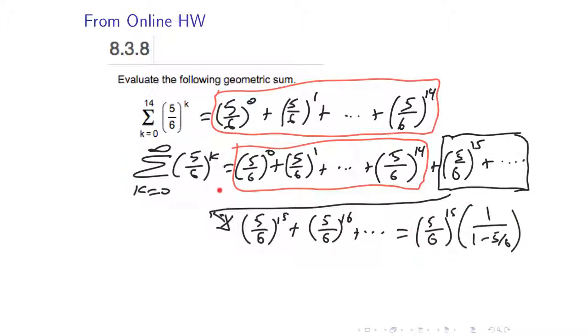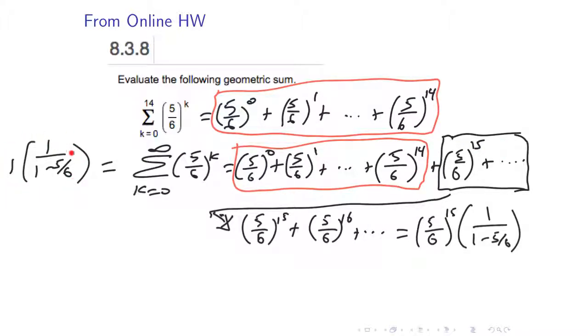This whole thing is a geometric series that starts with 1, 5/6 to the 0, and has a common ratio of 5/6. So this first line is 1 over 1 minus 5/6. So this top line adds up to this.